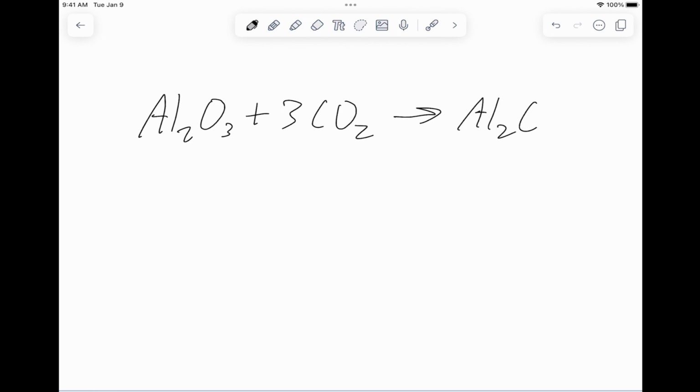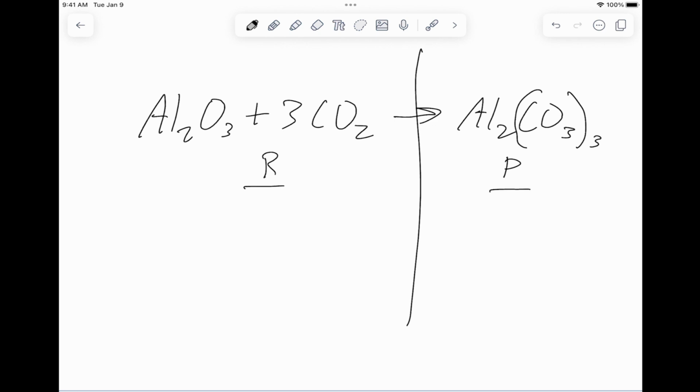Let's do another one. Again, I'm going to write it up because it's easier to work off the iPad. Again, I'm going to divide it up. I'm going to have my reactant side, my product side.